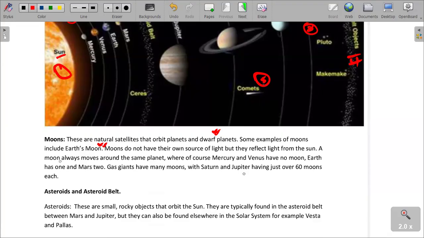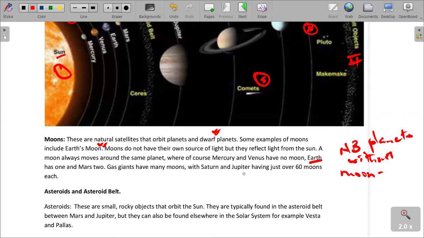Earth has one. So, NB: the planets without a moon are Mercury and Venus.